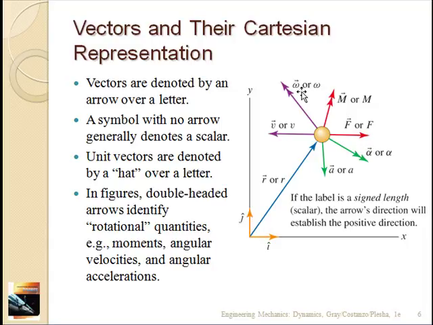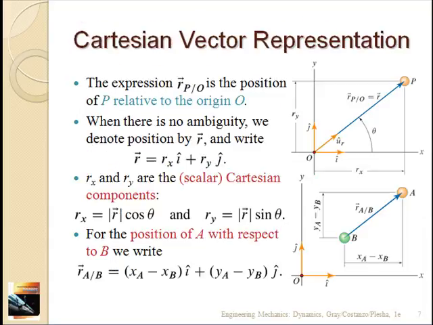So like omega would be a rotational velocity. It's the rate at which something's spinning. M is a moment, it's like a twisting force, and alpha is a rotational acceleration. So that's basically the conventions we'll use to do vectors in this class.